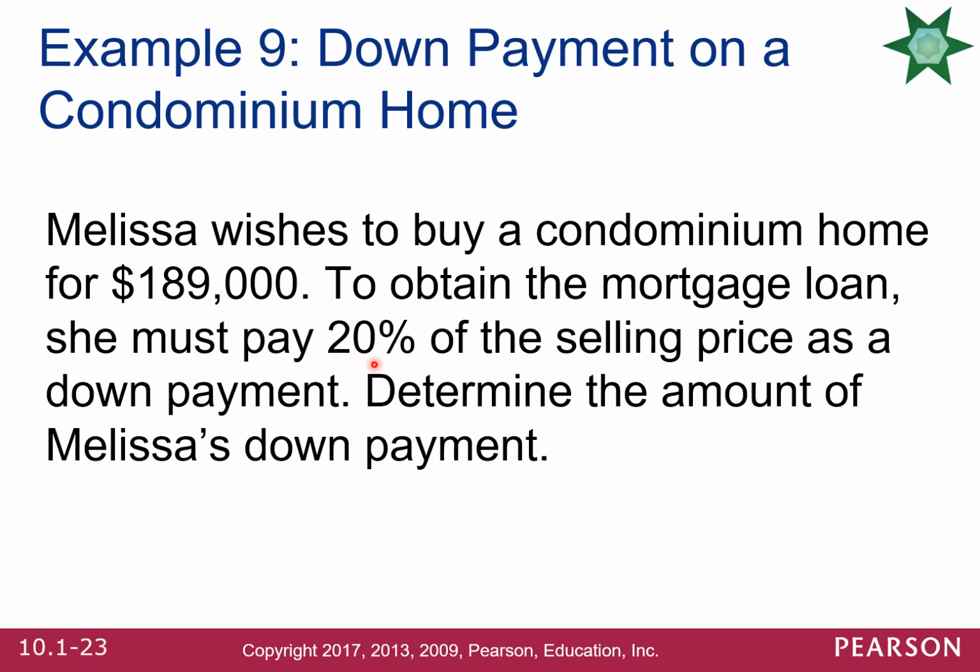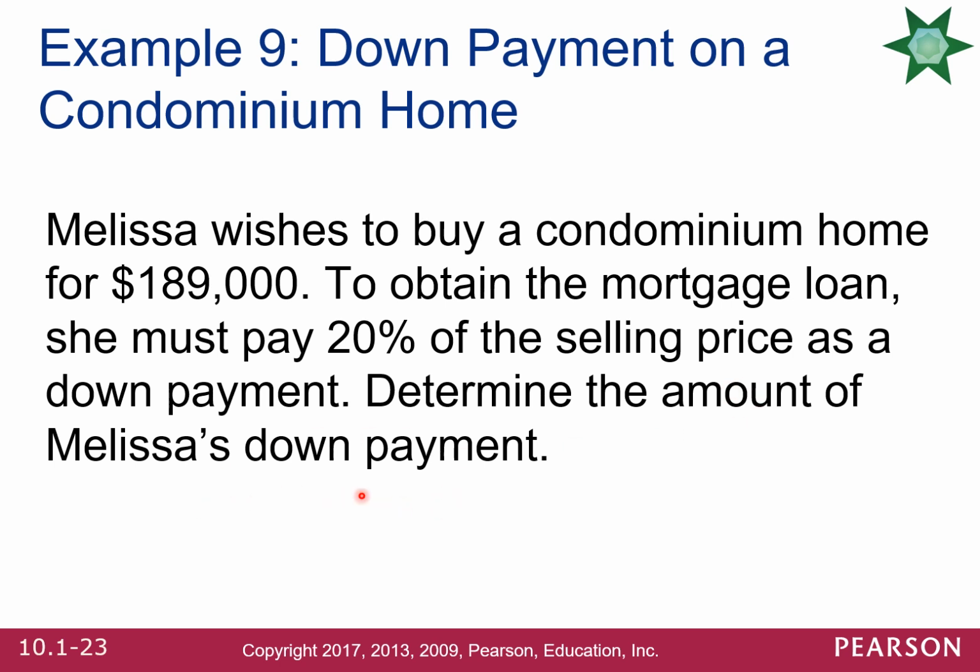Now this is another application problem of percentages. It's about the down payment on a condominium home. Melissa wishes to buy a condominium home for $189,000. To obtain the mortgage loan, she must pay 20% of the selling price as a down payment. Determine the amount of Melissa's down payment.